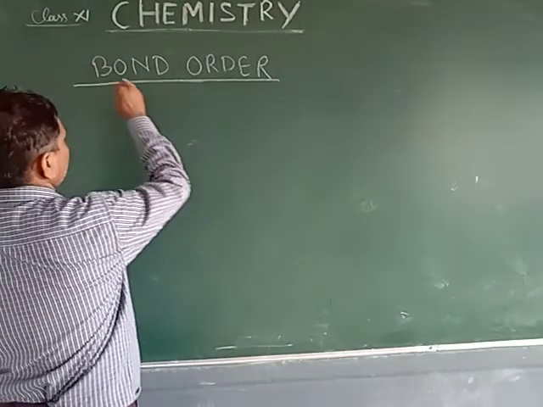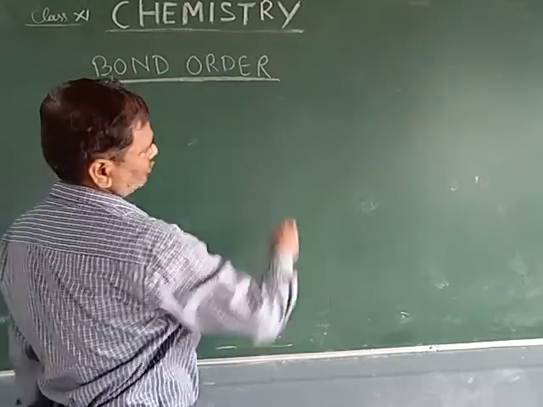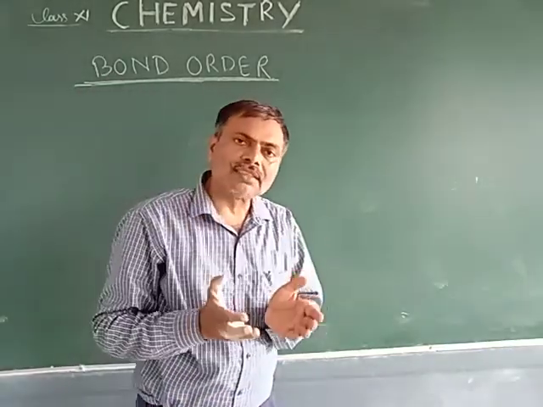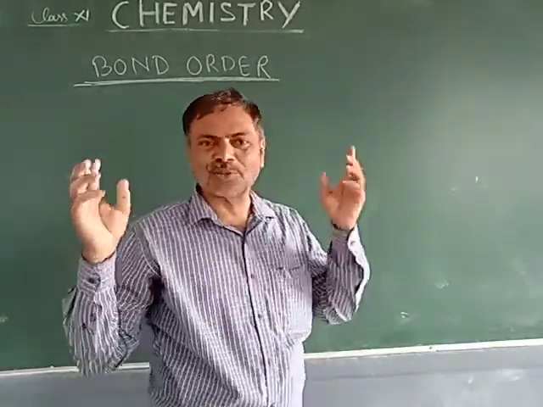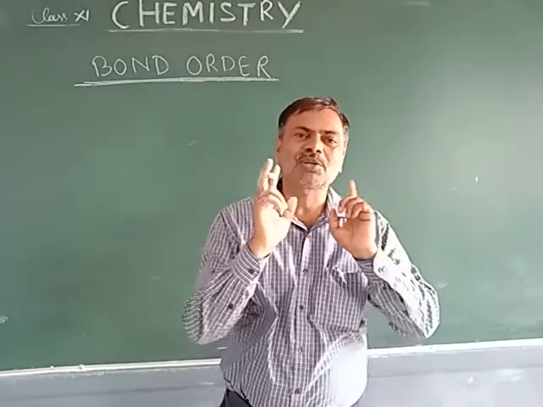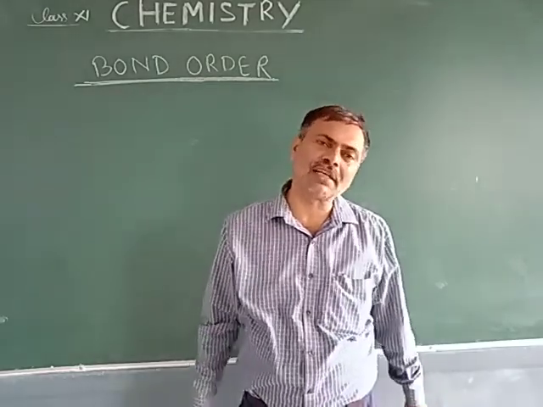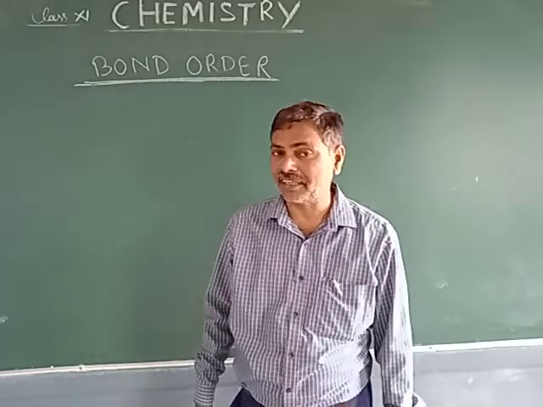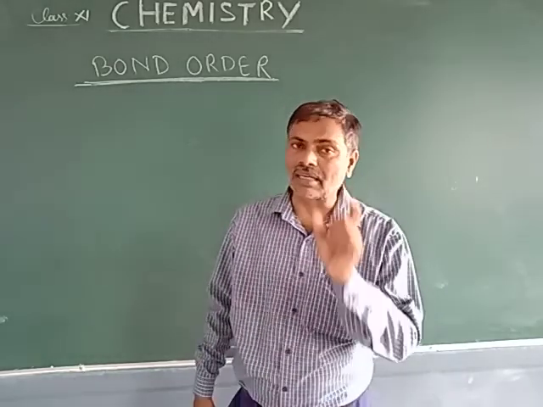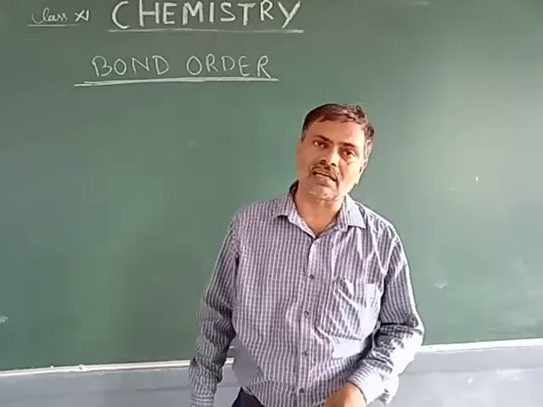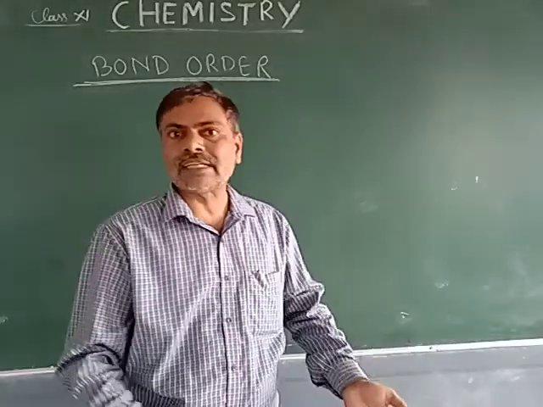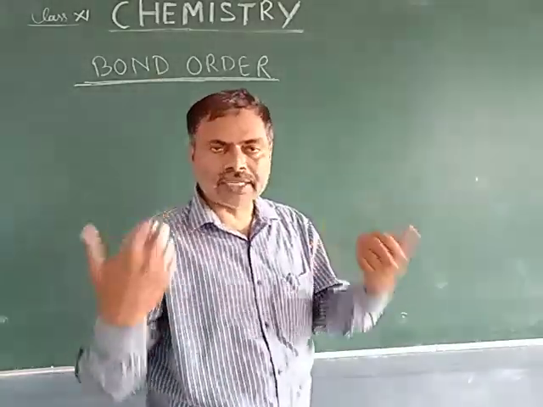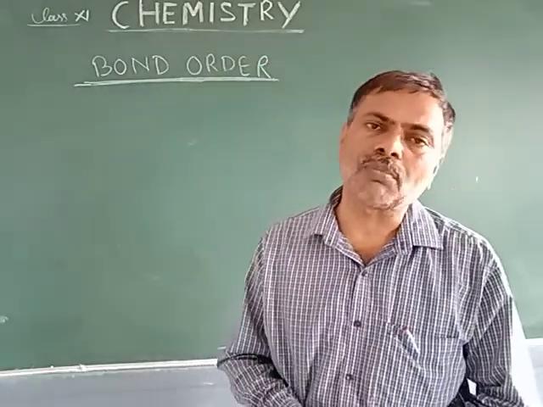Next, there is bond order. Bond order is defined as the number of covalent bonds present in a covalent compound. I am repeating the sentence: bond order is defined as the number of covalent bonds in a covalent molecule.